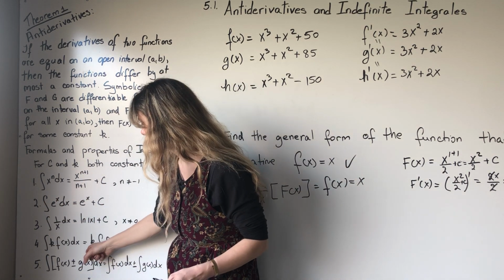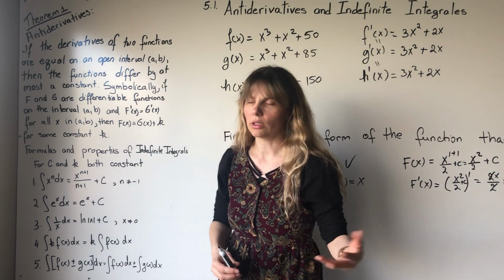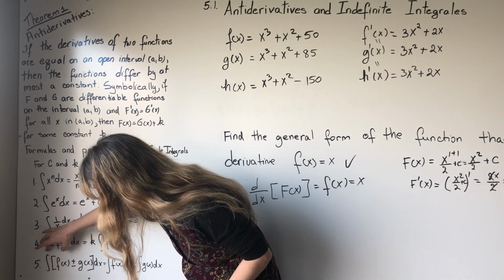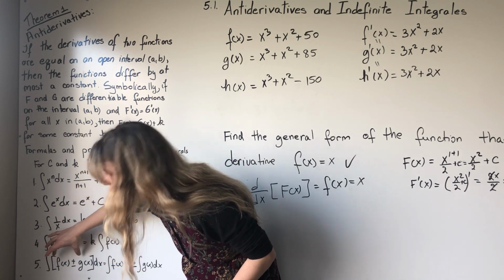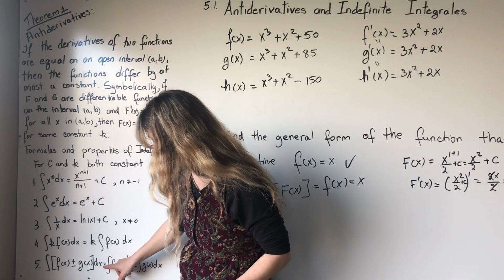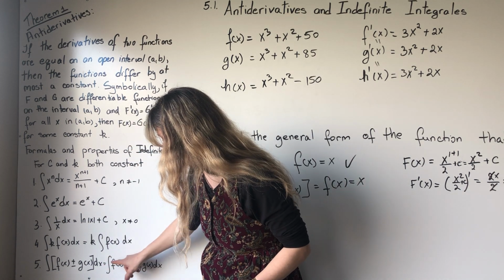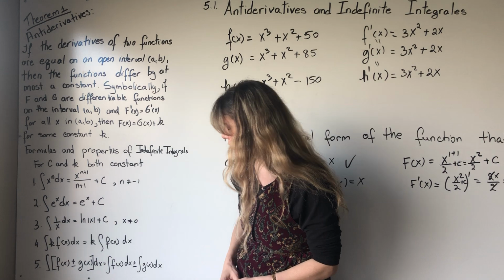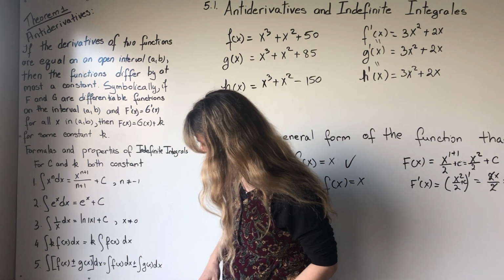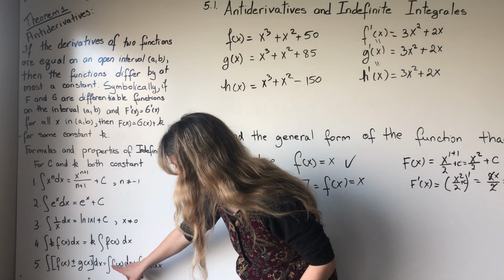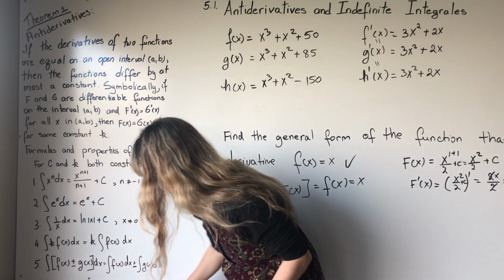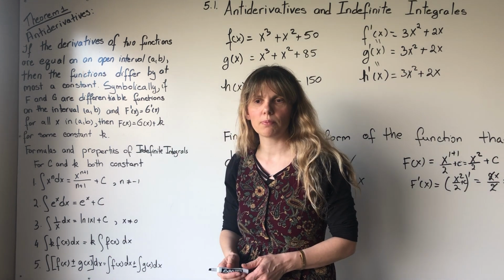That does not affect taking the derivative of the function. And number 5, if you have the integral of two functions added or subtracted together, then you can write that as the sum or the subtraction of the two integrals. So it will be the integral of f of x dx plus or minus, whatever sign you have there, the integral of g of x dx.